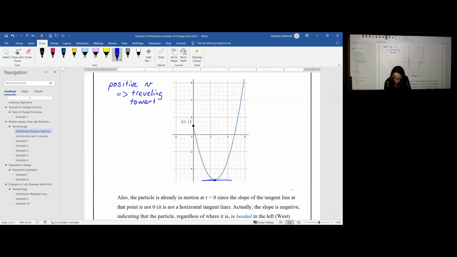If it were traveling on a north-south road, it would be traveling north or up, right or east. If we have negative velocity, then this implies that it must be traveling towards the left or west.